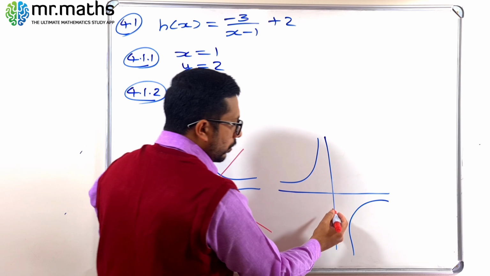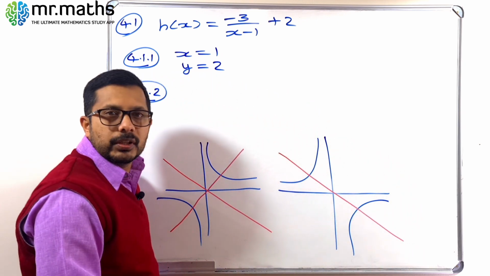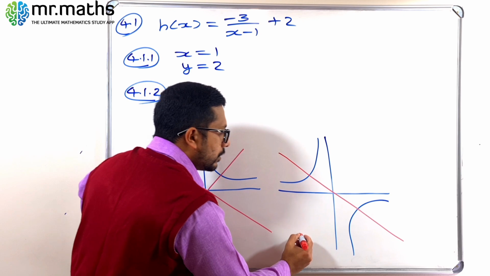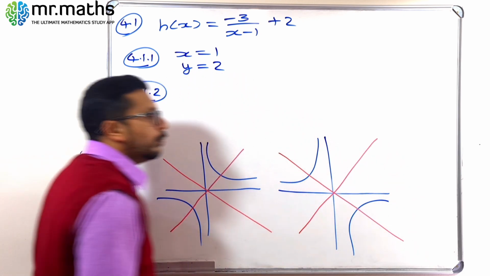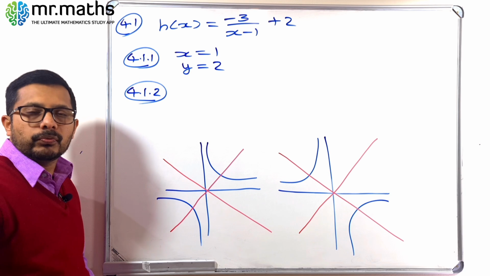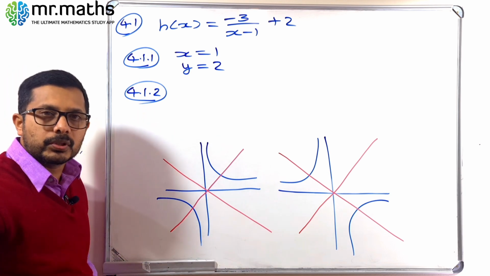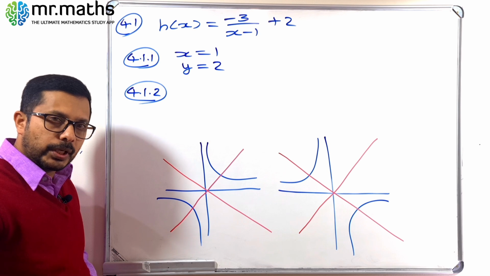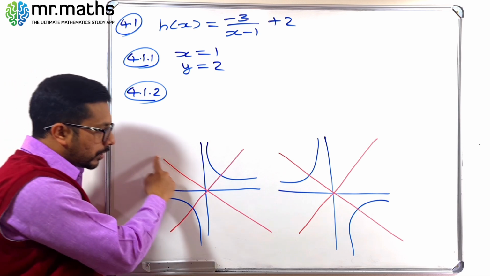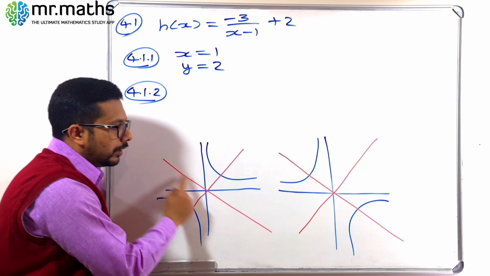So here also this one is the axis of symmetry having negative gradient, and this one is the axis of symmetry having positive gradient. Anyway, you have to find the equation in this question 4.1.2. What is the question? You have to find the equation of the axis of symmetry having the negative gradient, that means this one.